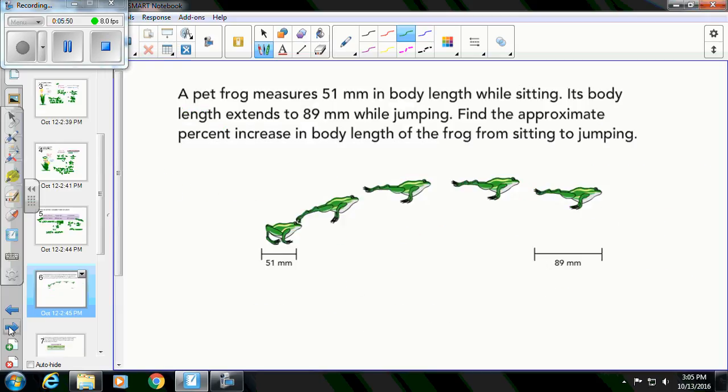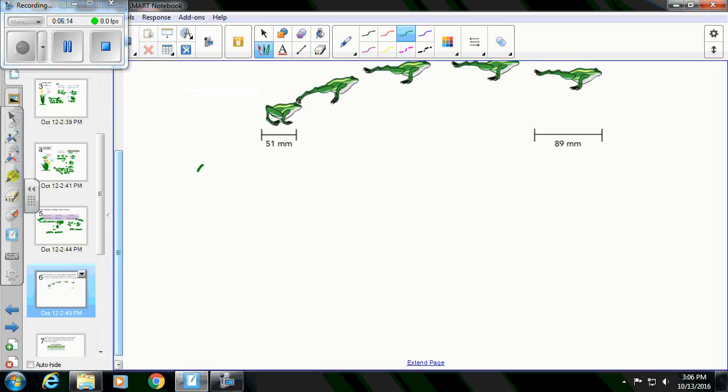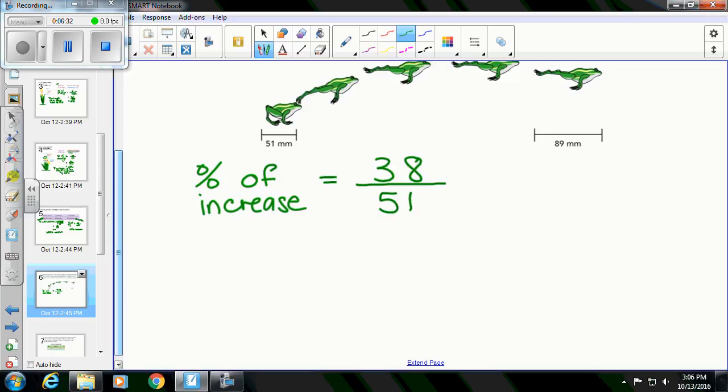Now we have a pet frog measuring 51 millimeters in body length while sitting. Its body length extends to 89 millimeters while jumping. Find the approximate percent increase in body length of the frog from sitting to jumping. I'll let you set this up, and then we will check it. When I did my math on this, percent of increase equals my change, 89 minus 51, gives me a change of 38 millimeters over my original of 51 millimeters.